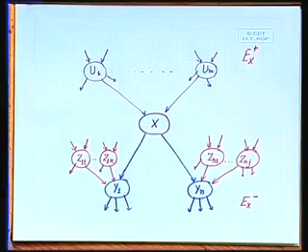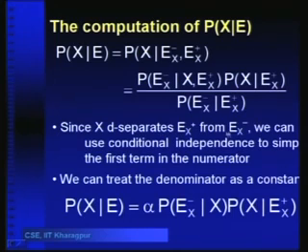Therefore, x d-separates Ex plus from Ex minus, and we can use conditional independence to simplify this first term to simply P(Ex minus | x). And the second term is P(x | Ex plus).